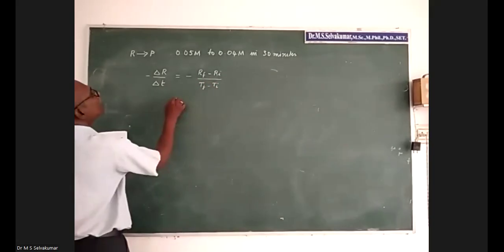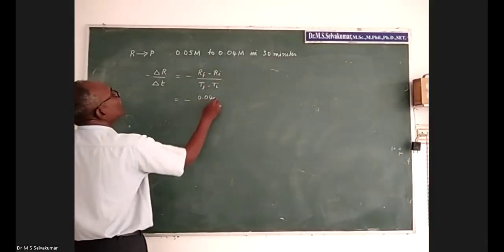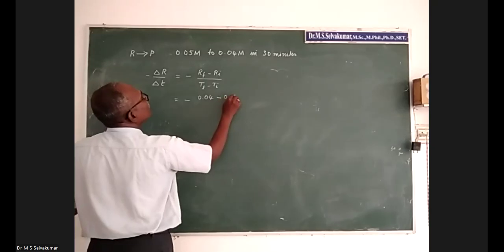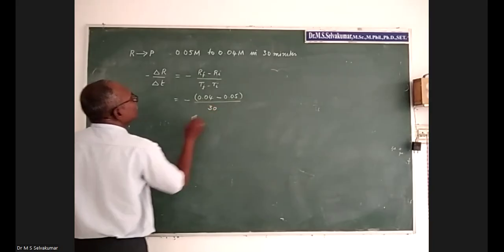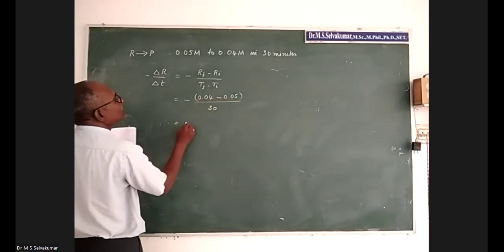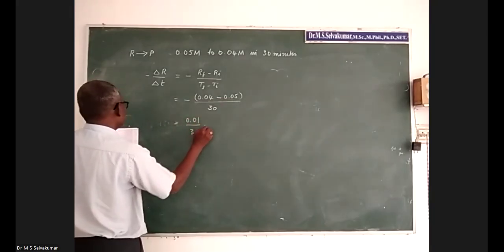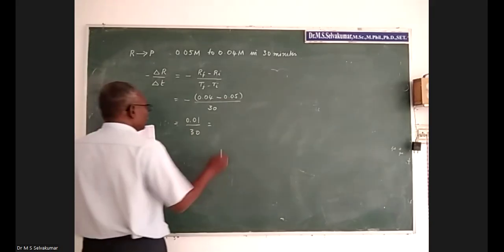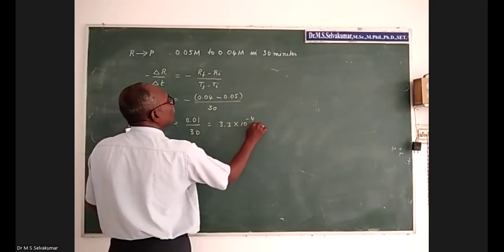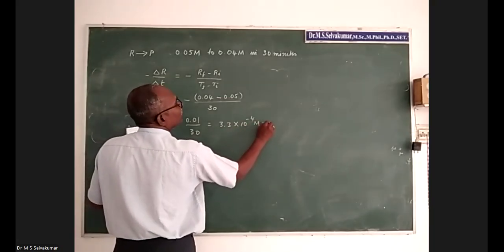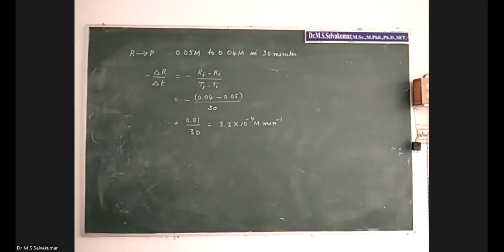So that is equal to minus, R final is 0.04, R initial is 0.05, and the time taken for this conversion is 30. Therefore, this becomes minus of minus, plus. It is 0.01 divided by 30. Therefore, this becomes 3.3 into 10 power minus 4 molar per minute. It is expressed in minute. Molar per minute.